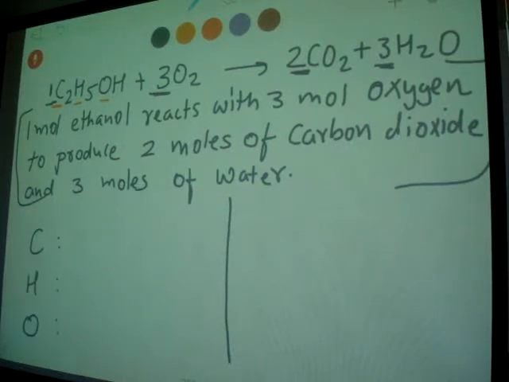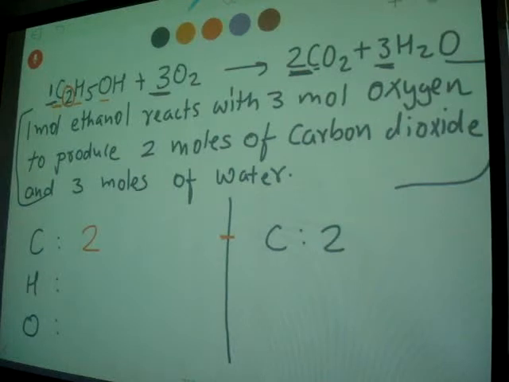Now on the left side, we need to count how many carbons. How many carbons? 2, right? On the right side, how many carbons do we have? 2. 2 times 1, which gives you 2, right?